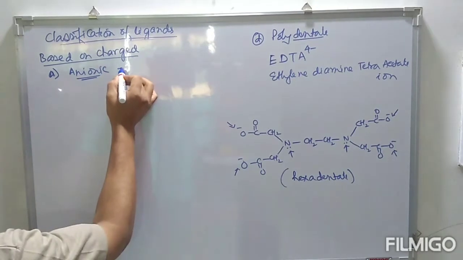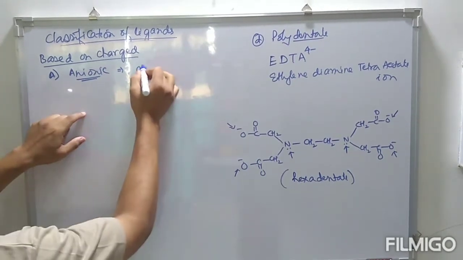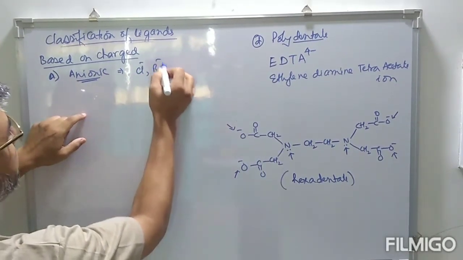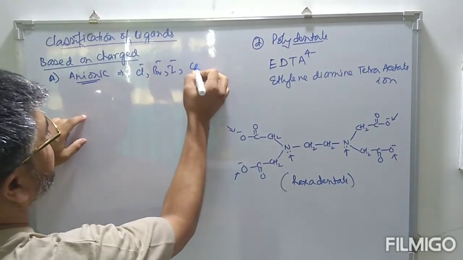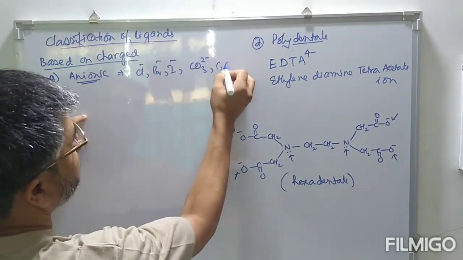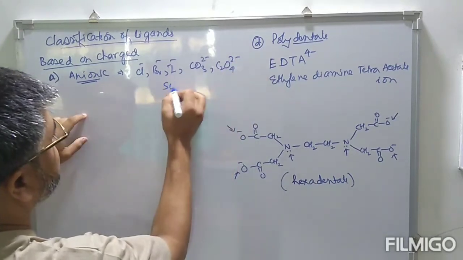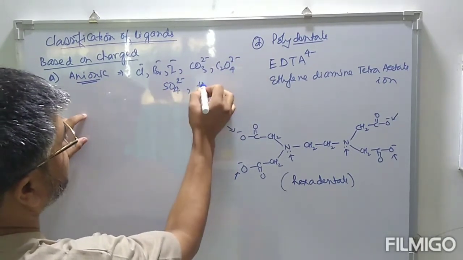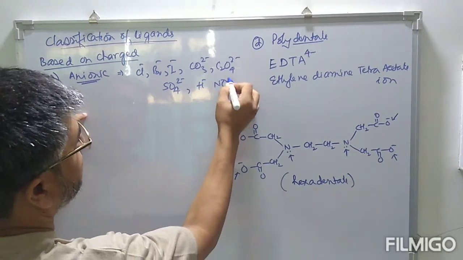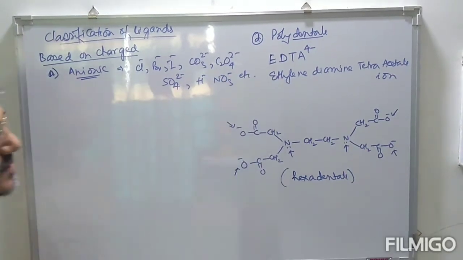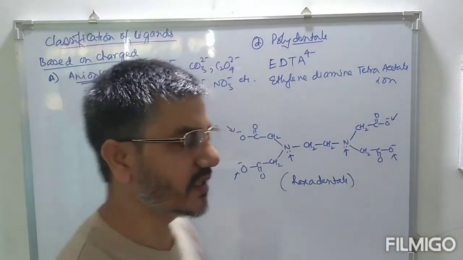Anionic means negative charge, for example Cl minus, Br minus, I minus, CO3 2 minus, C2O4 2 minus, SO4 2 minus, H minus, NO3 minus, etc. These are negatively charged ligands.